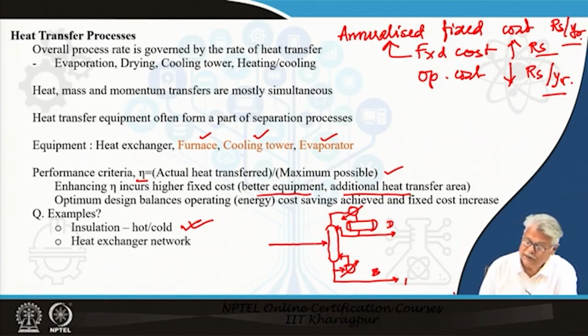Now, in this particular case, which temperature will be higher, the distillate temperature or the bottom temperature? Obviously, the bottom will contain the heavier component and the bottom temperature is going to be higher than TD. And it is also true that the feed is going to enter somewhere in between. That means, my temperature here is TF and TF is lower than TB.